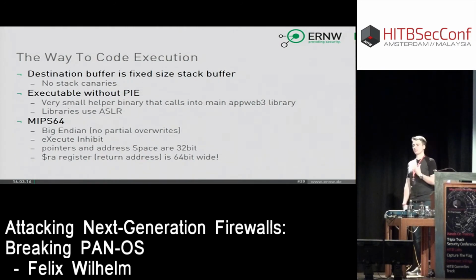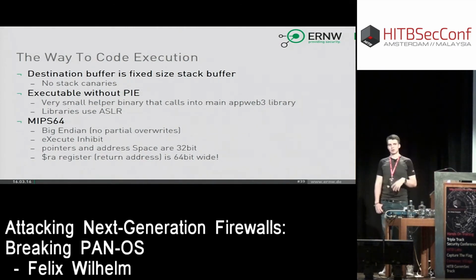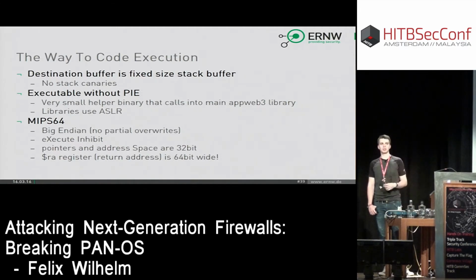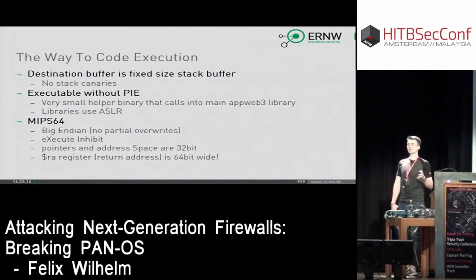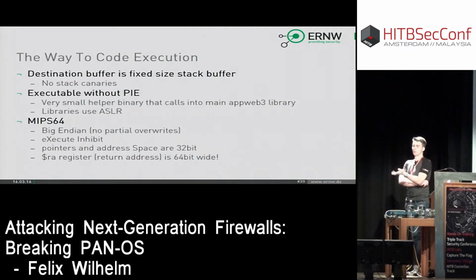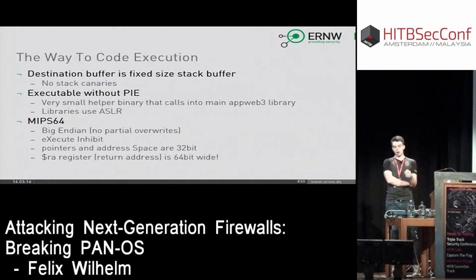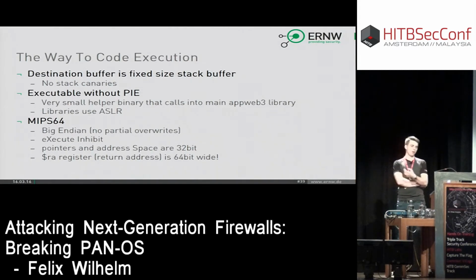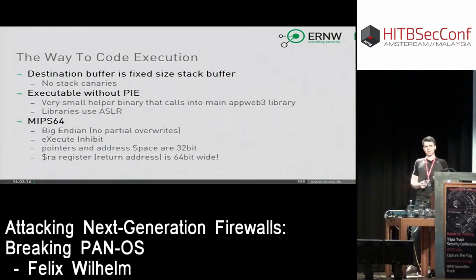Normally, stuff like this isn't needed on MIPS systems because you just do a heap spray and jump into your shellcode, because most MIPS systems I've played with don't support something like data execution prevention or the NX bit. However, this Cavium Octeon processor of this Palo Alto box supports that feature.